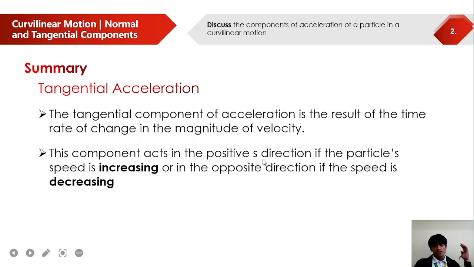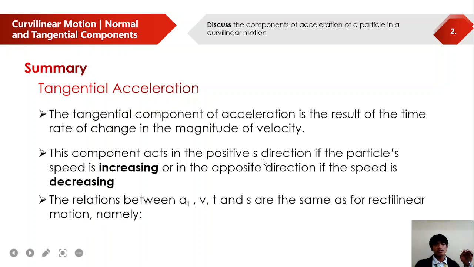This component acts in the positive s direction if the particle's speed is increasing, and in the opposite direction if it is decreasing. The relations between a sub t, v, t, and s are the same as for rectilinear motion, namely like this. It is the same as what we discussed in rectilinear motion, where we used the tangential acceleration.